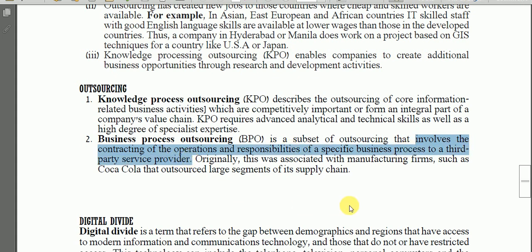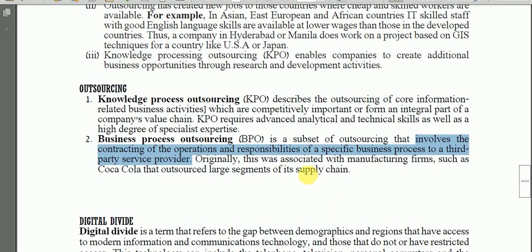Again let me read. Business process outsourcing is a subset of outsourcing that involves the contracting of the operations and the responsibilities of a specific business process to a third-party service provider.